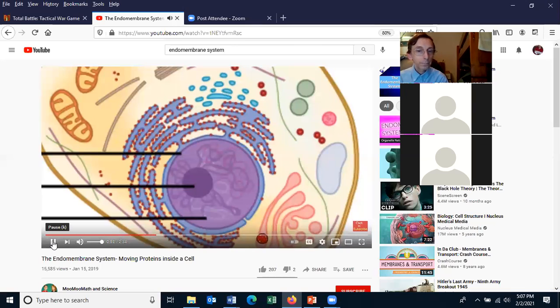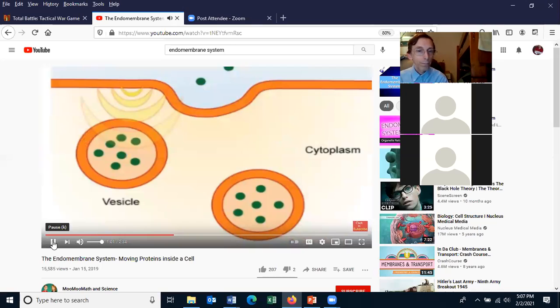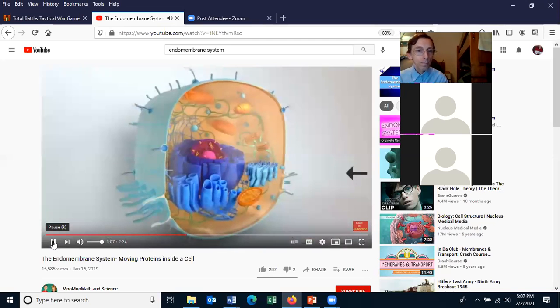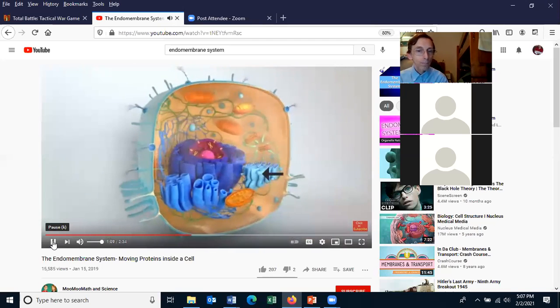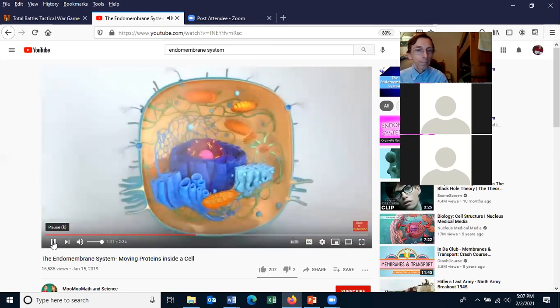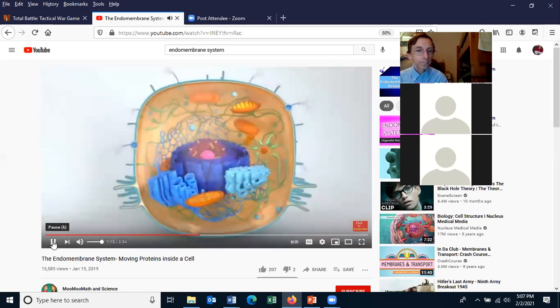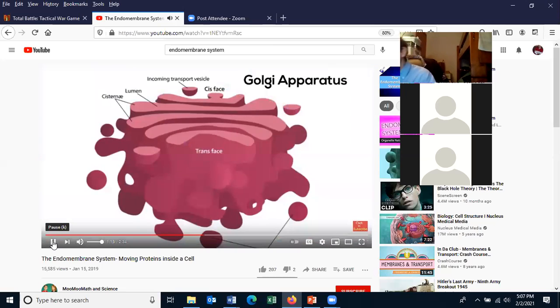The smooth ER may transport lipids to the Golgi apparatus, also using vesicles. A vesicle is a relatively small membrane-bound enclosed sac that stores or transports substances. At the Golgi apparatus, the proteins are sorted, packaged, and tagged so that they can travel to the right place inside or out of the cell.